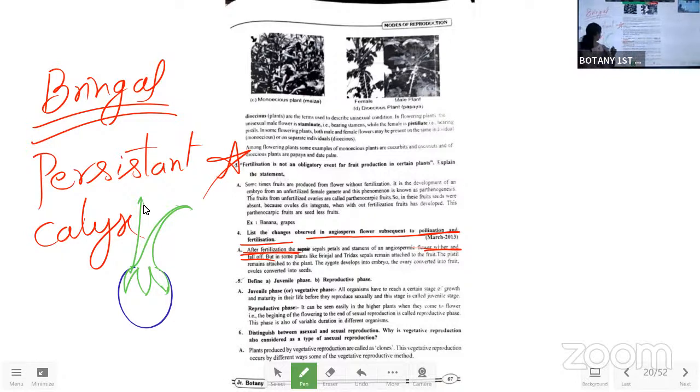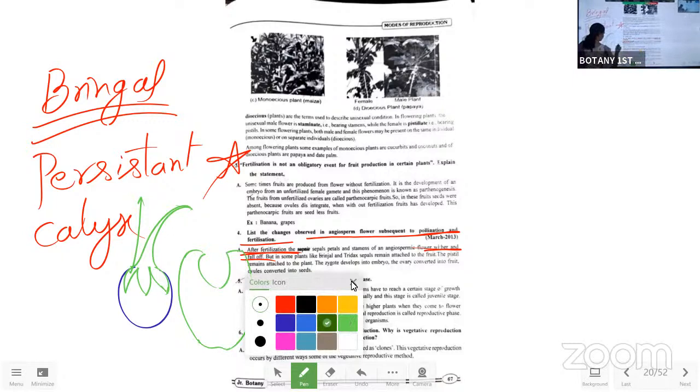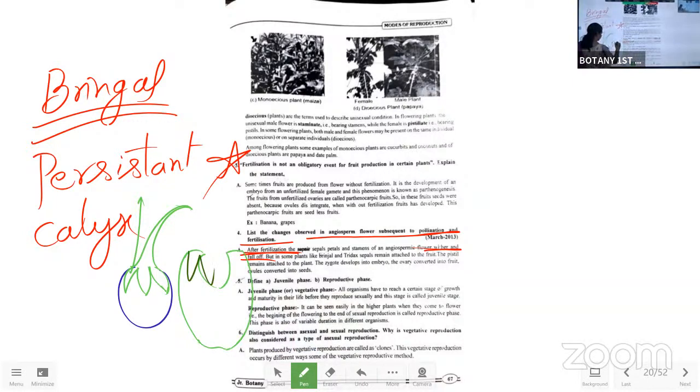Capsicum. So this is the persistent calyx, what we have to write.